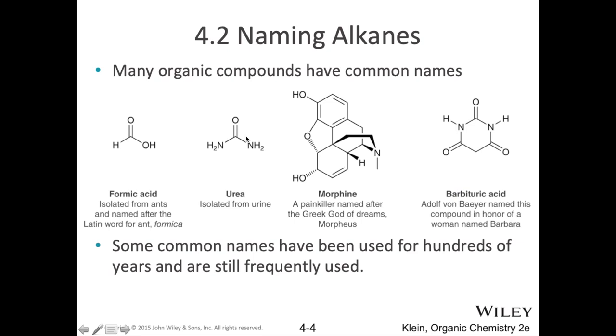When it comes to organic compounds in general, we're going to look at common names versus systematic or IUPAC names. I'm going to teach you the IUPAC naming systems for all of these compounds that we cover throughout the year. Just realize that there are also common names for a lot of these things. With alkanes, I think typically you don't see too many common names.